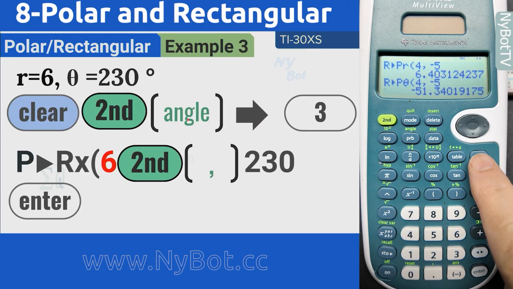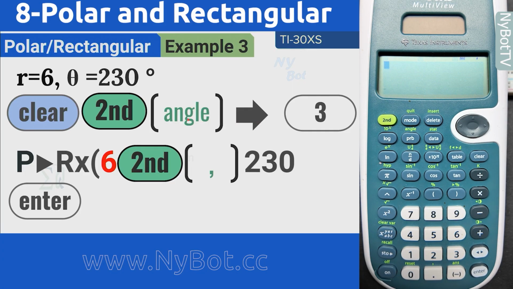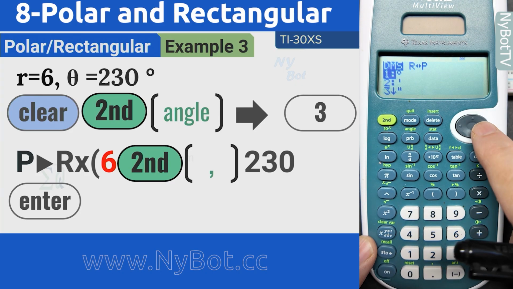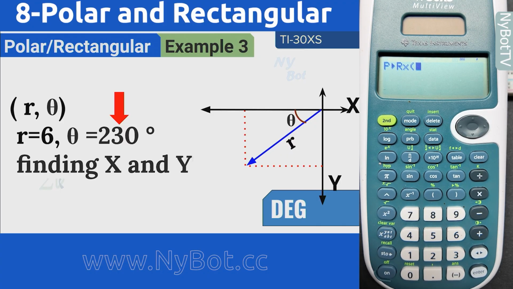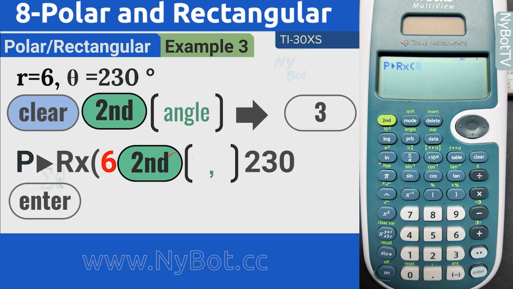So now I'm pressing clear, shift angle, go to the right and select number 3. Now 6, shift comma.